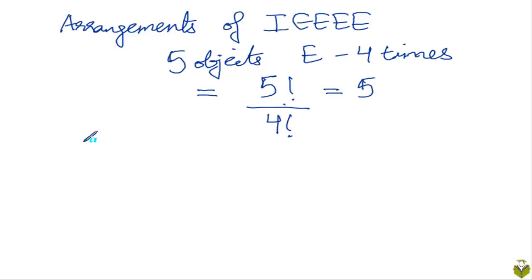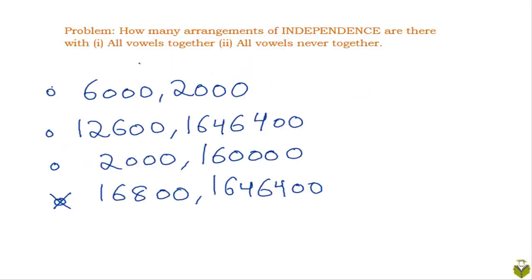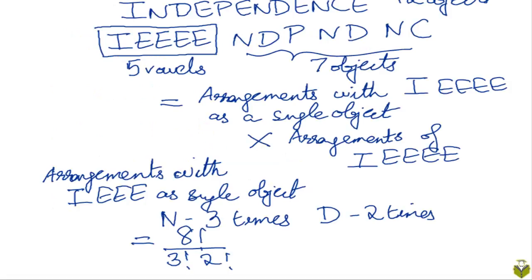So the answer for part 1 will be a product of total arrangements with vowels together, that is equal to this number 5, and before we had found 8 factorial divided by 3 factorial into 2 factorial, right?